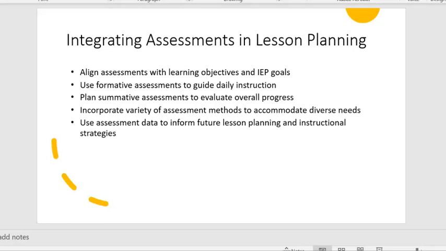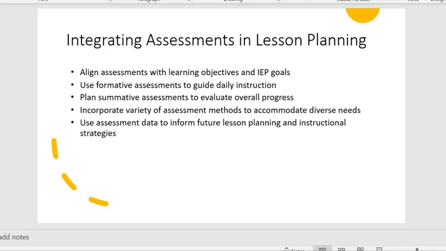In terms of integrating assessments in lesson planning, you want to make sure that you are aligning assessments with your lesson objectives, your learning goals, IEP goals. You want to make sure that you are using formative assessments to guide daily instruction. You should be having formative assessments within your daily lesson plans. And then you should be planning summative assessments to evaluate their overall progress towards the end of the unit or the course or whatever it may be.